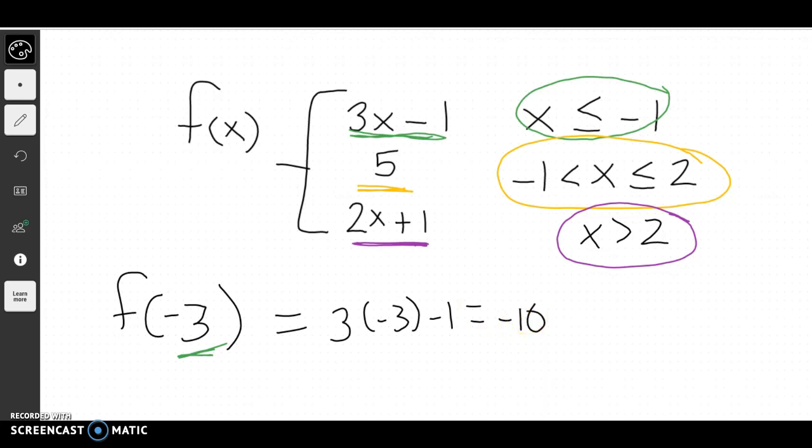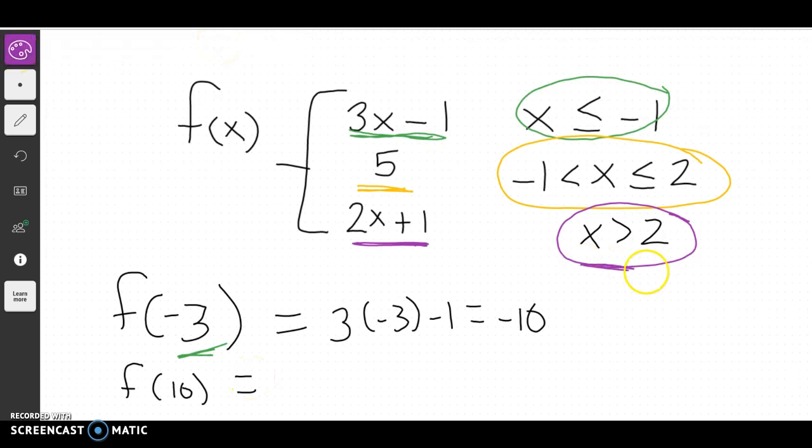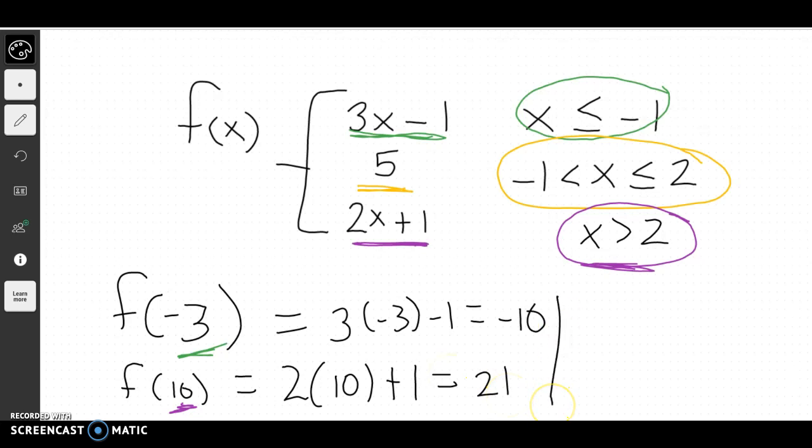Let's take another one. Let's say f of 10. If it's 10, then I'm going to use this rule that's purple because my input is greater than 2. So I'm going to write 2 times 10 plus 1, which is equal to 21.